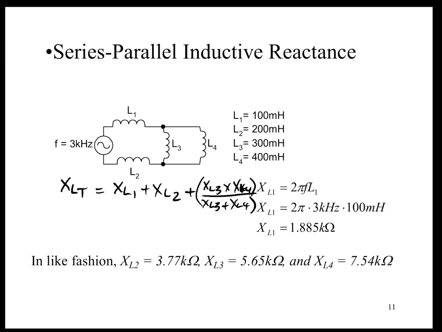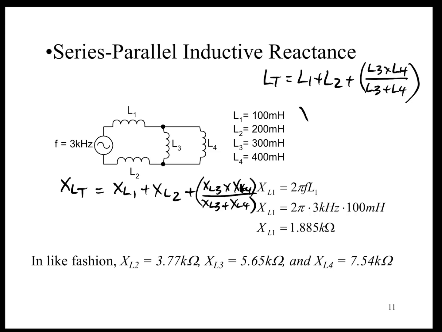Now, of course, there's another way to do this, and that would be to determine the L total value. You could do that in the same way. It's inductance, or henries, you're working with now, right? So it would be L1 plus L2 plus the product over sum value of L3 times L4 over L3 plus L4 to give you your L total value.